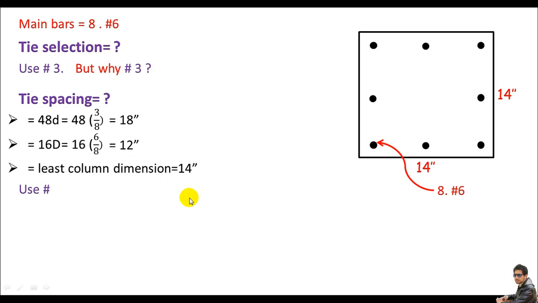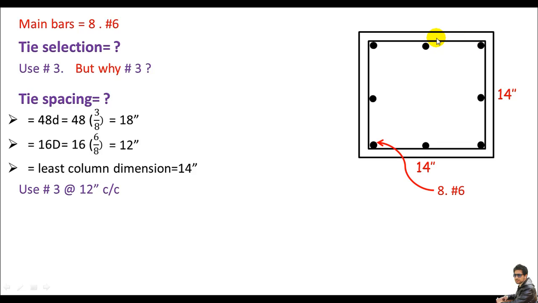So I'll say use number 3 at the rate of 12 inches center to center, because 12 inches is the minimum of these three guys. I hope you remember them. All right. So I just got the stirrup, sorry, the tie. The tie is just number 3 at a rate of 12 inches. Let me just assume the cover 1.5 inches.